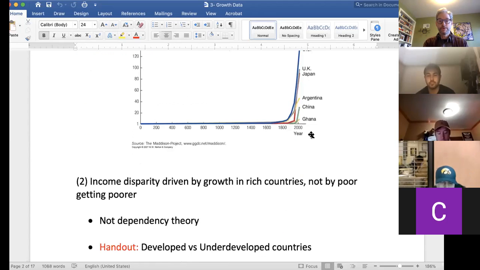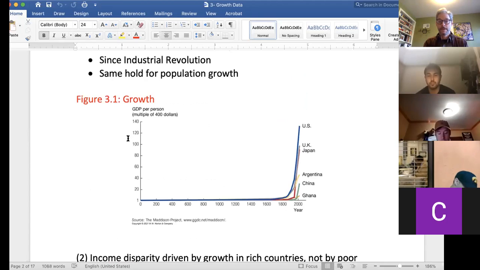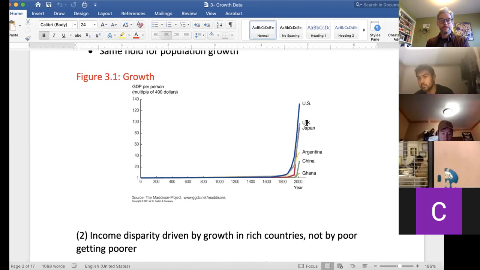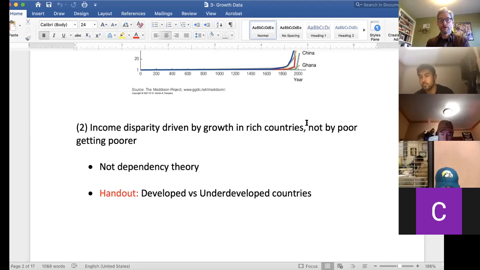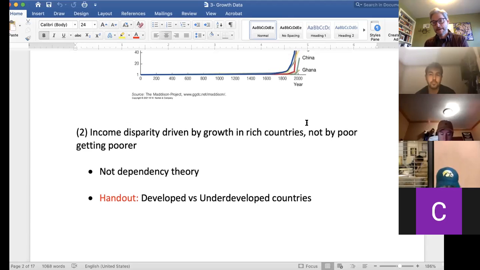One of the things that we see from this graph, though, is that this refutes the idea that somehow rich countries got rich by exploiting poor countries, right? This is often known as the dependency theory of growth. And the problem is the dependency theory of growth just is not supported by the data.